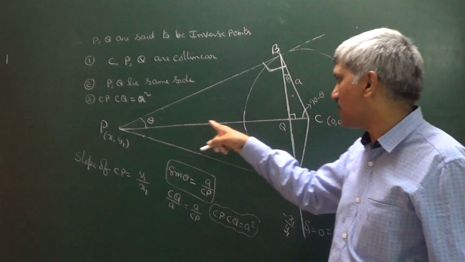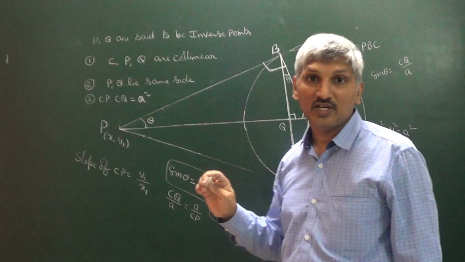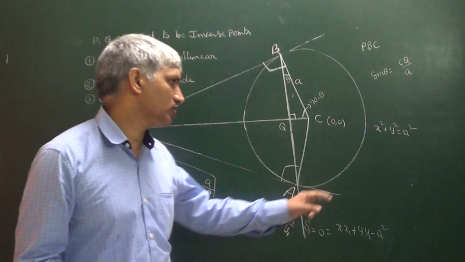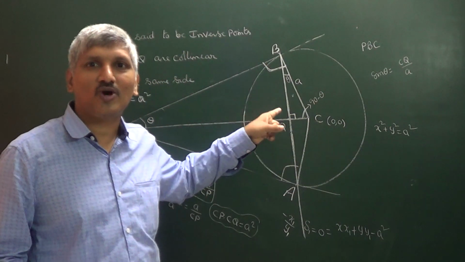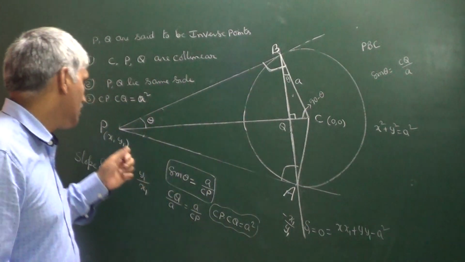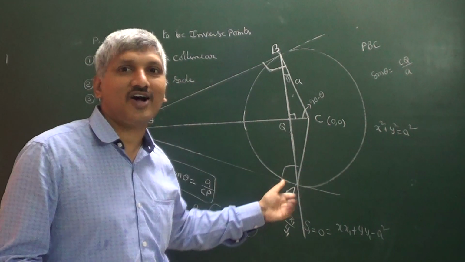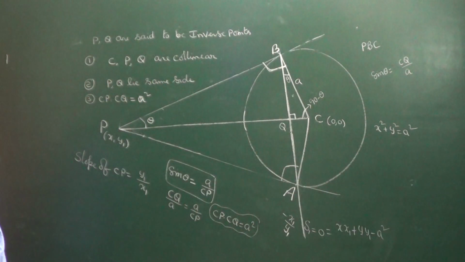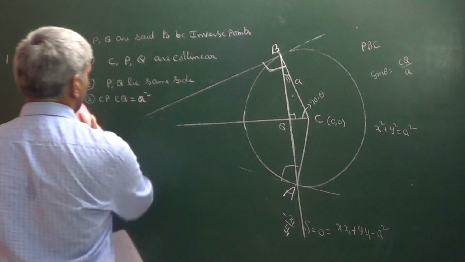The inverse point of P with respect to the circle S is equal to 0 is Q. How to get the coordinates of Q? Q is the foot of the perpendicular from the point P(x1, y1) onto the chord of contact, right?